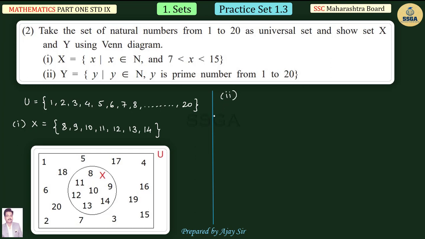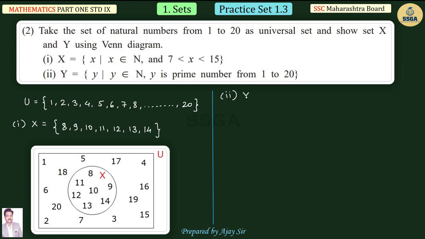Now set Y is a set of all Y's such that Y belongs to natural numbers and Y is a prime number from 1 to 20. So the prime numbers from 1 to 20 we have to write in the form of a list.